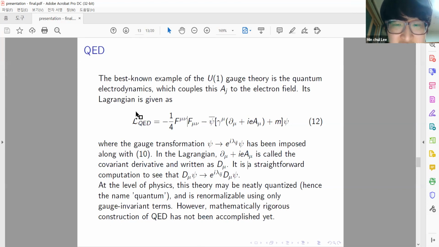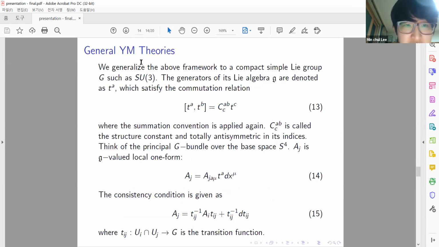This is another very detailed topic in itself, so I just use the expression "neatly quantized," and it means that QED can be quantized in a way that every physicist agrees. Okay, thank you.